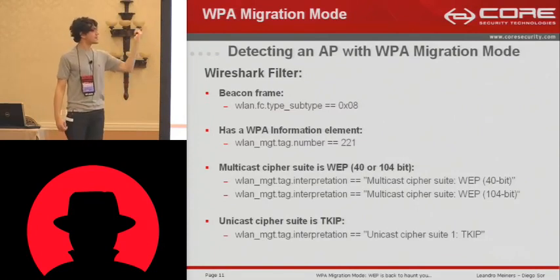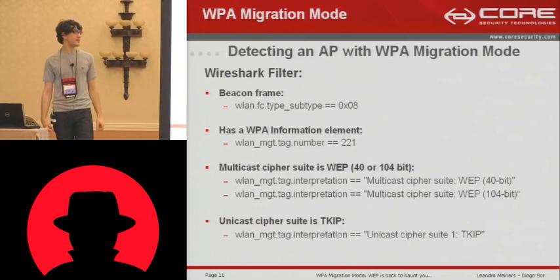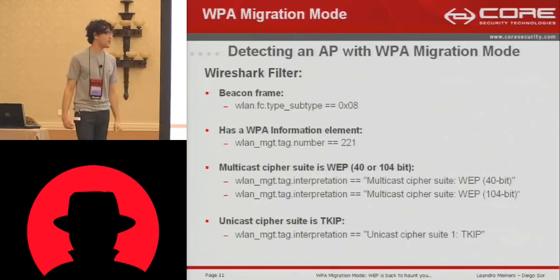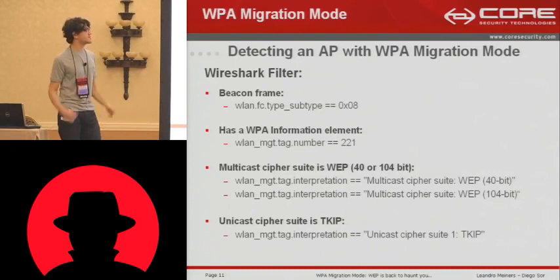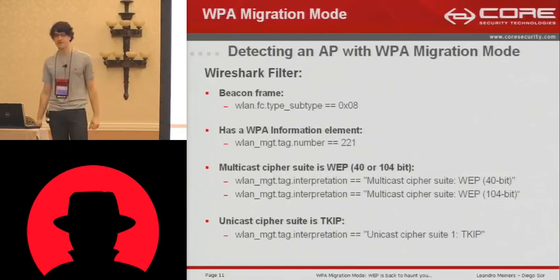Then the multicast cipher suite, which is inside one tag of the WPA elements, must be multicast cipher suite WEP 40 bits or multicast cipher suite WEP 104 bits. And finally, the unicast cipher suite is TKIP. This is the basic element we have to look for when we are looking for an AP working in migration mode.